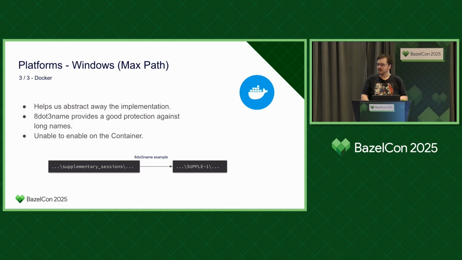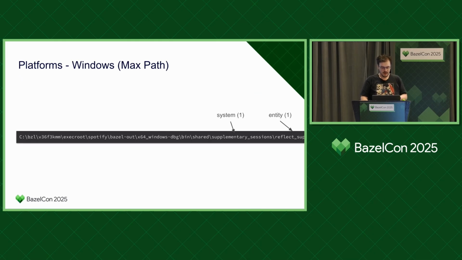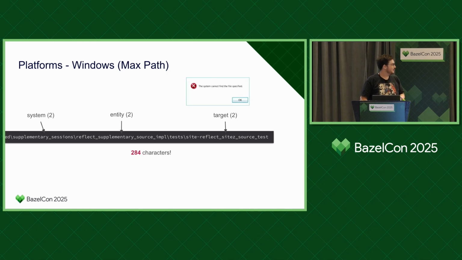And because of that, we ended up with having our exec root with the system and the entity name, and then the target, and then the system, and then the entity name, and then the target. And that's about 284 characters, which isn't even the longest that we've seen. We were having 300, 310, so yeah. And oftentimes you won't get a nice error that Windows says this path is too long.